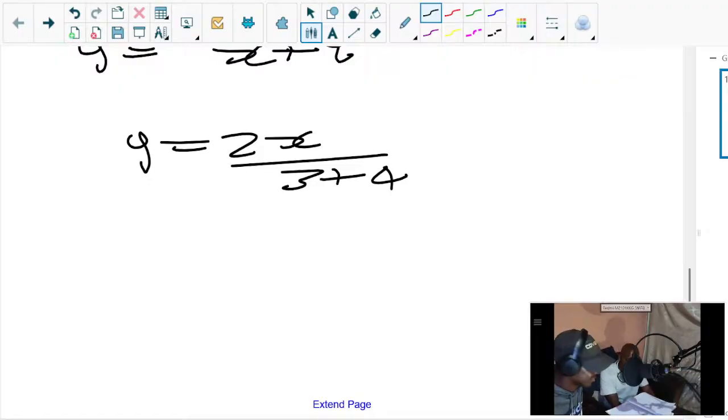Look at the curve, where does it turn? Look at the shift, what did we learn? If it cuts the y-axis, let x be 0. If it cuts the x-axis, let y be the hero. On the denominator, what do we have? What's the domain? What's the range? Let's clear the fog.